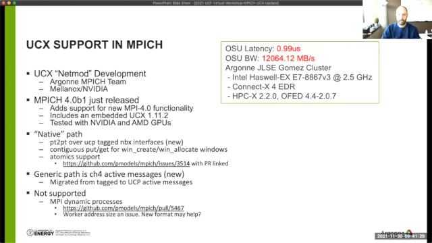And then I have this box here with some raw performance numbers. I ran these a while ago, but they still hold fairly true today, illustrating that we get nice latency and bandwidth performance out of the box with UCX.